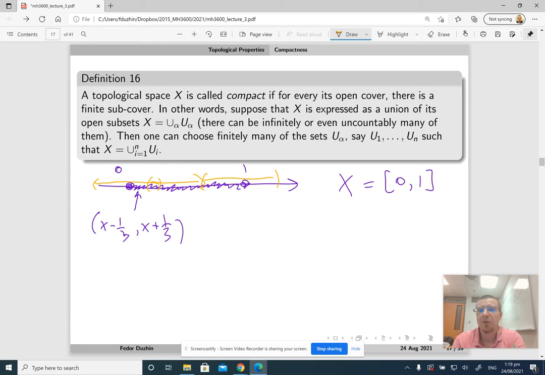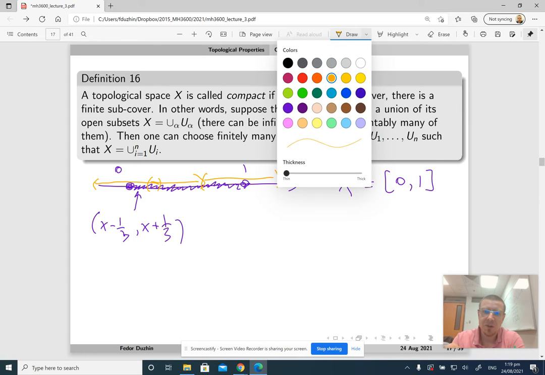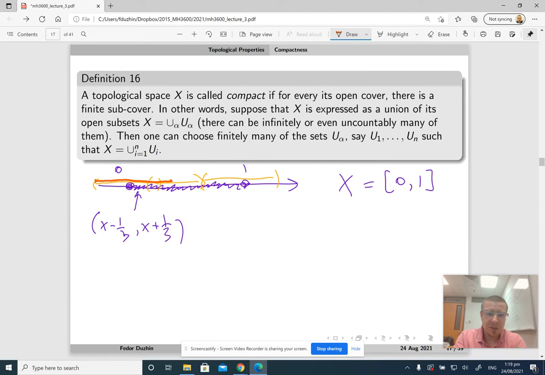And the question is, is it possible to find a finite subcover? And the answer is yes, of course. This is what we're going to do. The first element of our finite subcover is the interval from negative 1/3 to 1/3. The second is from 0 to 2/3.